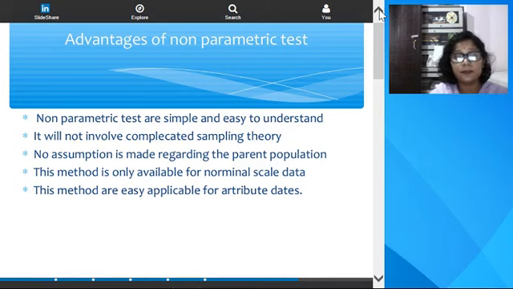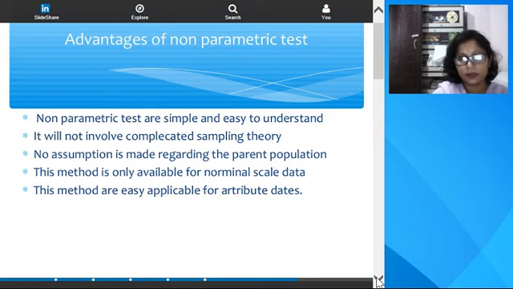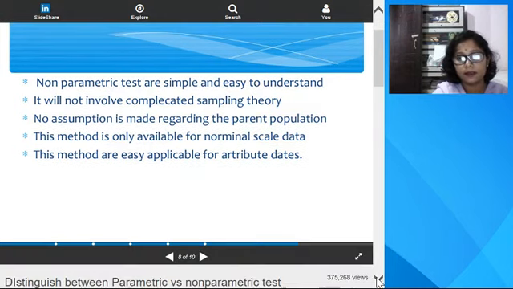Next, this method is available for nominal scale data, so very simple to understand. And finally, the last advantage of non-parametric tests is that they are easily applicable for attributes which are related to data.